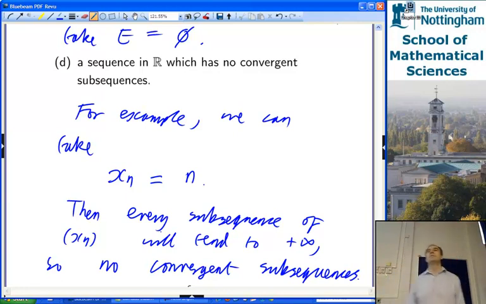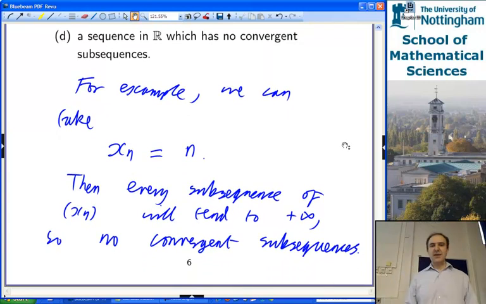Remember, tending to infinity is a particular kind of divergence. It's one of the special kinds of divergence available. So it certainly stops it converging. Okay, and that does that one.